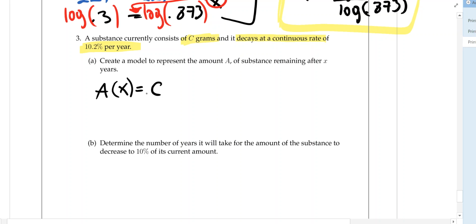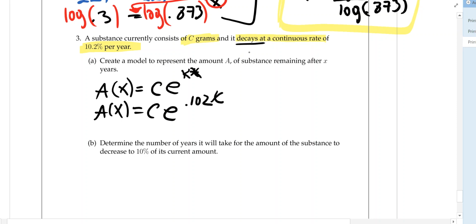It's going to be C, whatever it is. Since it's continuous and it's decay, we're going to use that e to the kt, because every time we have continuous, we've got to use this formula. So it's going to be e to the, well, it's 10.2%, so it will be 0.102 x, not t.